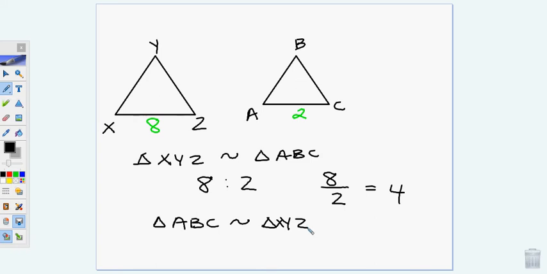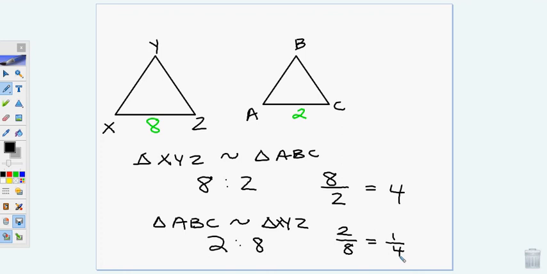Using the same sides, I can calculate the scale factor going the other way with a ratio of 2 to 8, which means the scale factor going the other way is just a fourth. So it does take a little bit of common sense to realize which way you're going. If you multiply by a fraction, it's going to get smaller. If you multiply by a whole number larger than 1, it's going to get bigger.